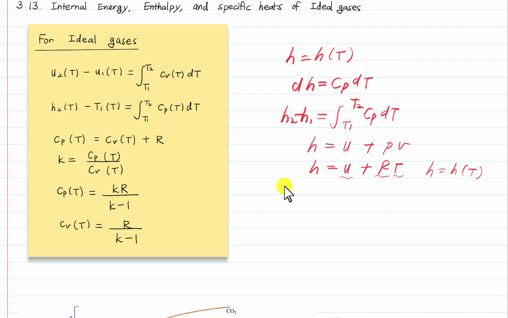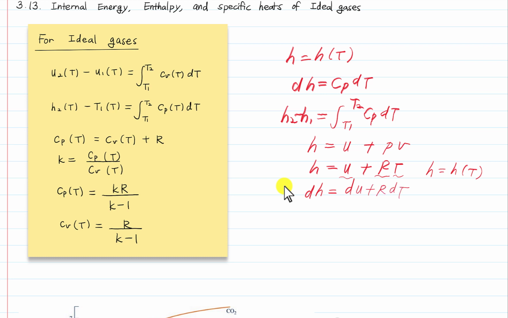An important relation between the constant pressure specific heat and constant volume specific heat can be found from the definition of enthalpy. So differentiate the equation with respect to temperature. dh equals du plus R dT.